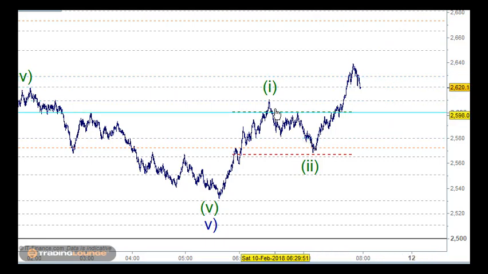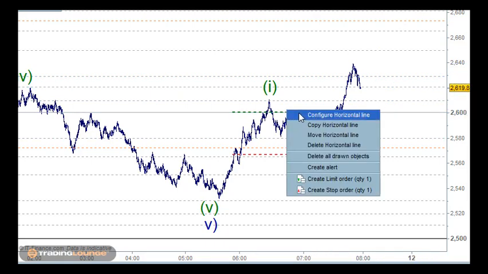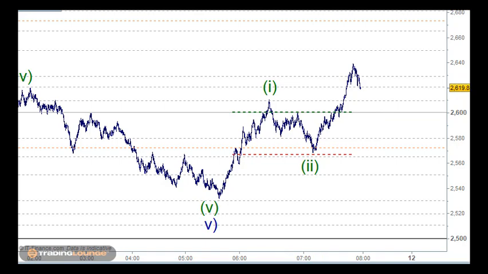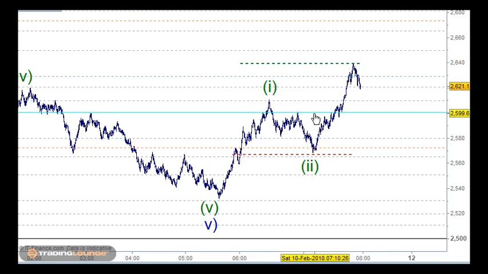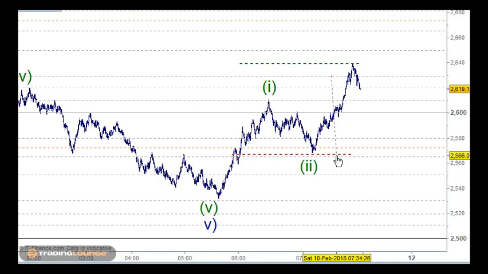So the next, bear with me a second. The next entry would be on this high here. And the reason for that is simply that when we've got 2600 here, then the correction normally plays out between, if I can draw this over this side of the price, because on the tick chart I can't draw on this side.